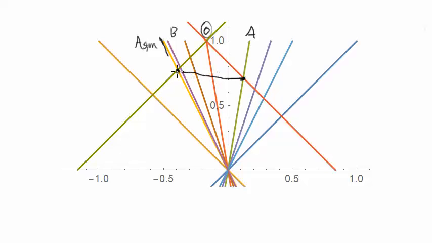Okay, those two events are going to appear equidistant from the point of view of O. They're going to appear at equal redshift from the point of view of O, and they're going to appear to be simultaneous from the point of view of O.